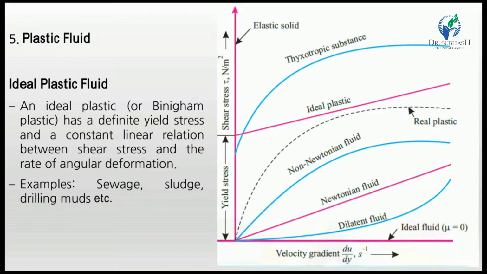So in an ideal plastic fluid, after the yield stress, the fluid behaves like a Newtonian fluid. In this graph we see that the line is perfectly straight and inclined. So shear stress is directly proportional to shear strain after the yield stress. Then the fluid is known as an ideal plastic fluid.